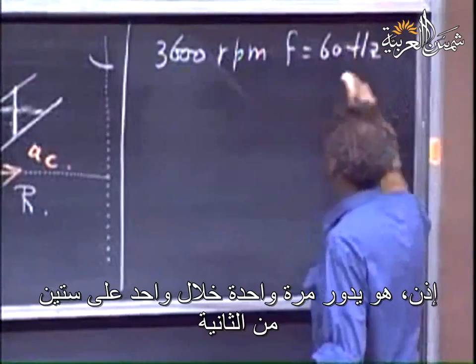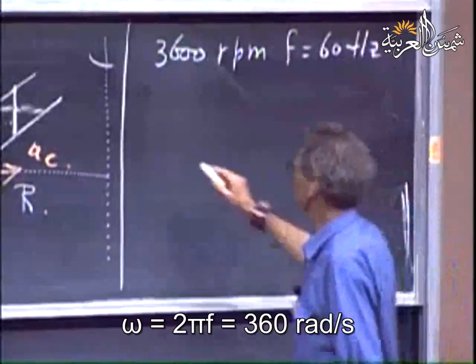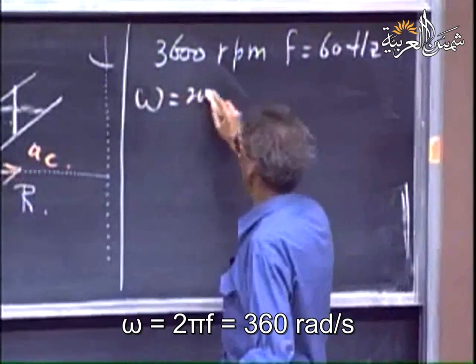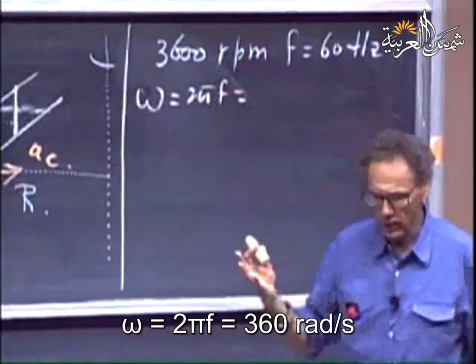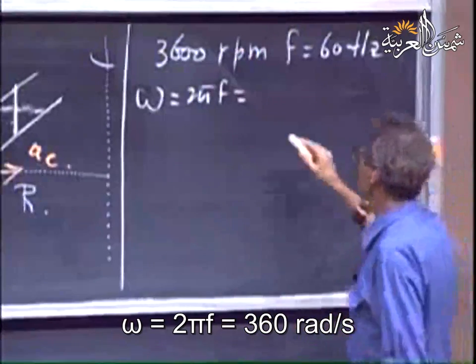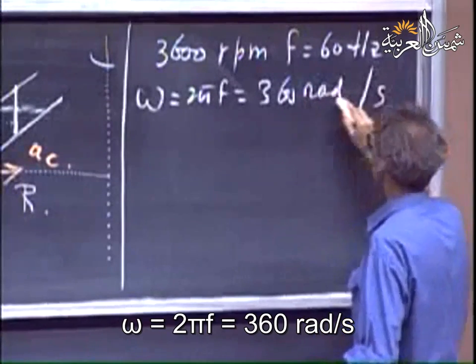So it goes around once in 1/60th of a second. Omega, 2 pi times f, is therefore roughly 360 radians per second.